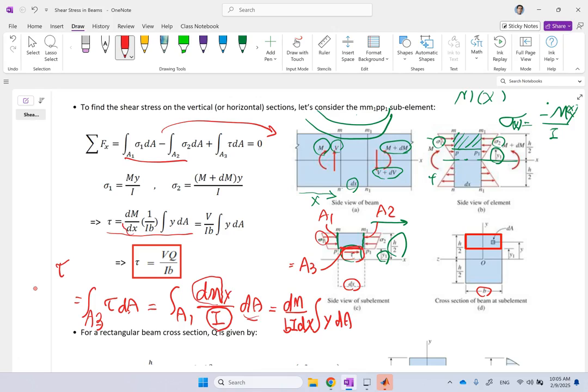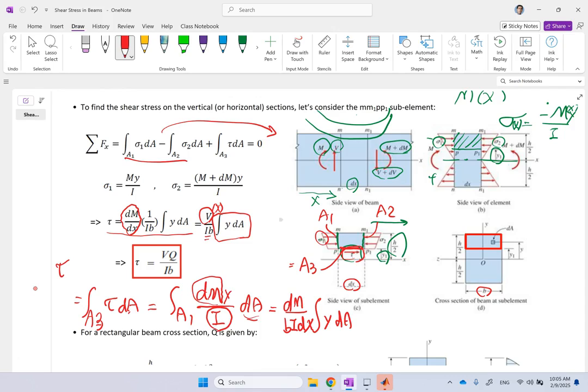Now, dM over dx, the derivative of moment with respect to position, that's the shear force at that location. That's V of x. We know this from the shear force and bending moment diagrams. If you look at my video where I explain these and how to get them, you know V is the derivative of M with respect to x. So that's V. I b is there, and then this integral of y dA, that's the first moment of area for this green dashed surface.